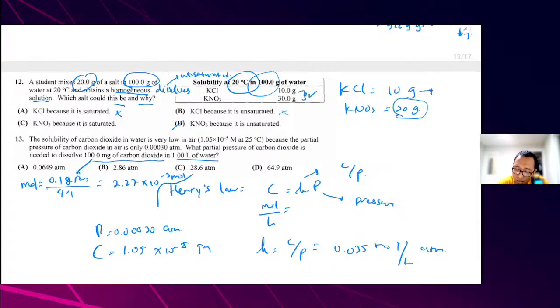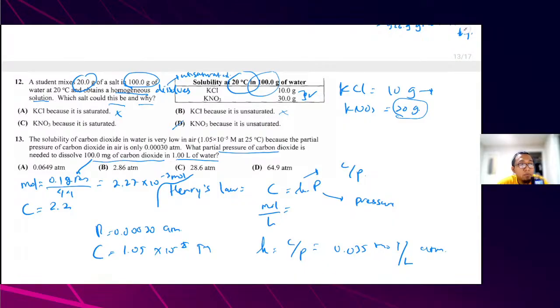We already got the moles, so we just need to put it in for C. The question is, what's the partial pressure?